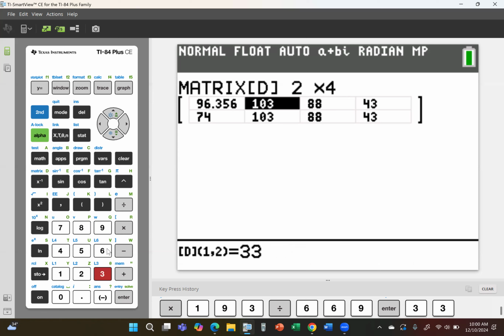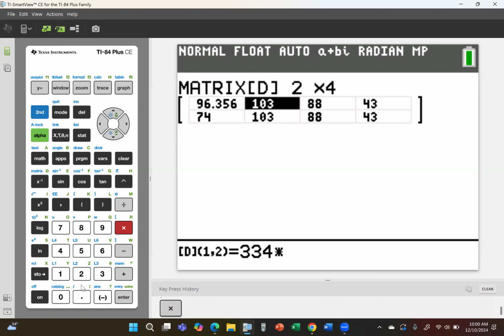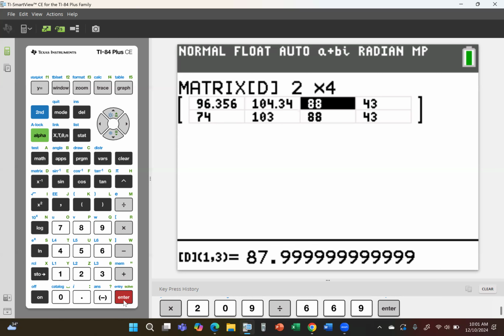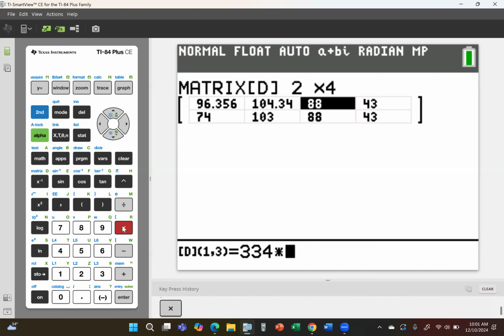And then we had what? 334 times 209 divided by 669. That's correct. 104.34. And then we had 334 times 172 divided by 669.